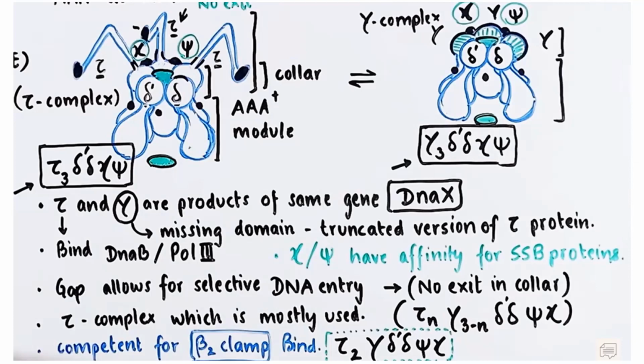These tau proteins have the ATPase domain in them, and for that reason, we call this bottom half of the structure the ATPase module. Even though the delta proteins don't have the ATPase domain, the globular portion, which you can see in the picture, is part of this entire top structure, and mainly the globular portion is called the polar module.